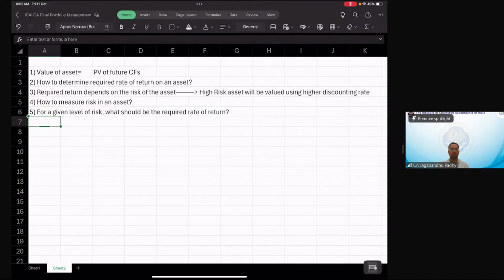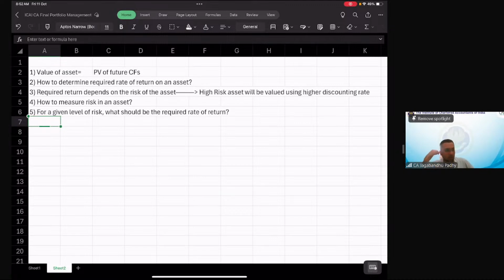So we are going to look for, how do we measure the risk of an asset? Like, let's say risk of a particular equity share, risk of a particular debenture, risk of, let's say, a bank FD. So for any asset class, we want to know what is the risk in it.